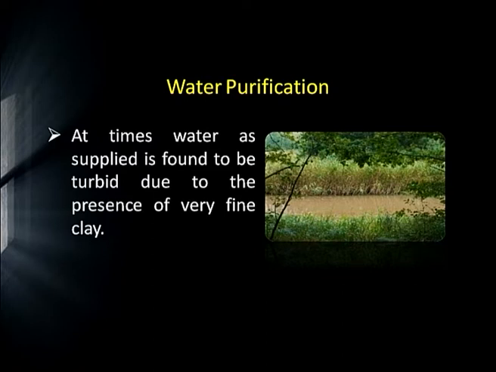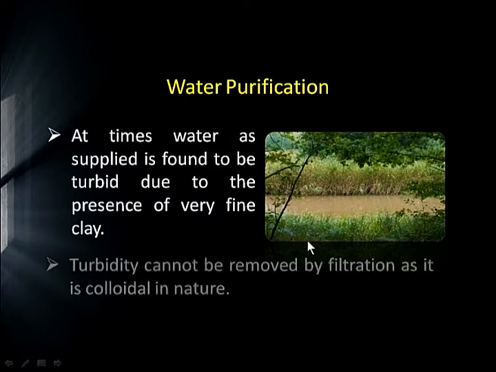The turbidity is due to the presence of fine clay matter, especially in the rainy season. If you look at the ponds in villages, it is muddy. The villagers need to use this for all their uses, including drinking purposes. Turbidity cannot be removed by filtration. However you may try, turbidity is retained because it is colloidal.